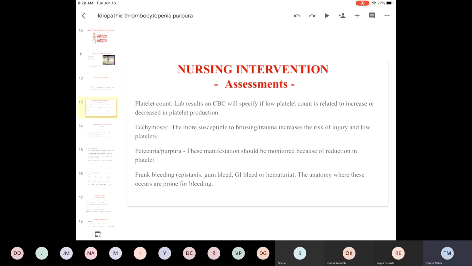Okay, nursing intervention. Platelet count lab results on CBC will specify if low platelet count is related to increase or decrease in platelet production. Ecchymosis, the more susceptible to bruising and trauma, increases the risk of injury and low platelets.